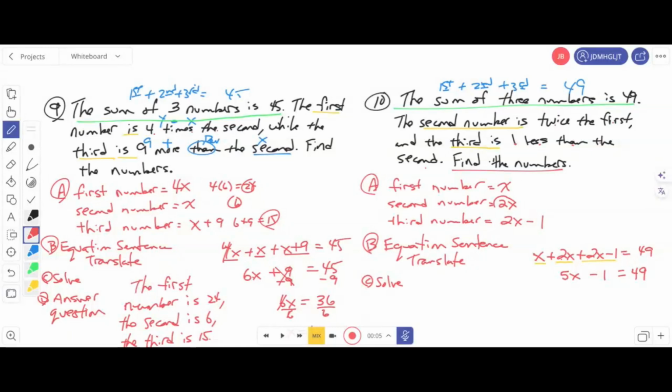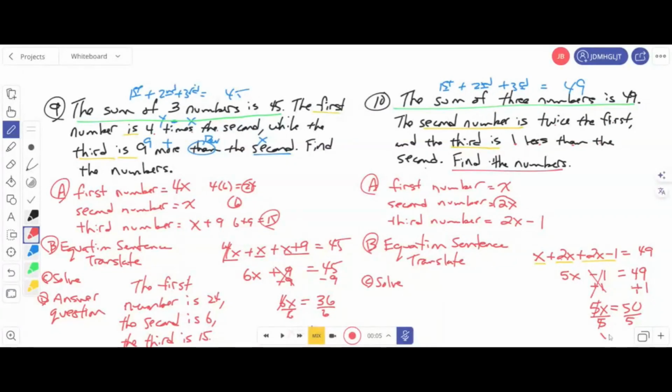Step 5, undo addition or subtraction. The 1 is being subtracted from the x, the 5 is being multiplied. So I'm going to add 1 and add 1. The ones add out, I get 5x. 49 plus 1 is 50. Then divide by 5, divide by 5.